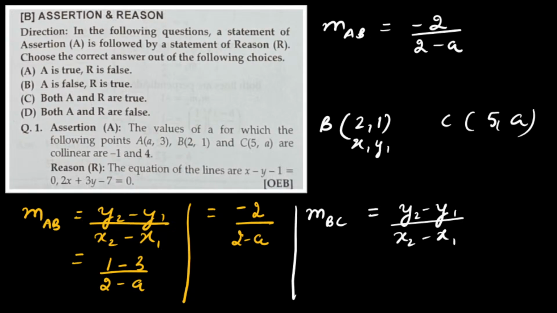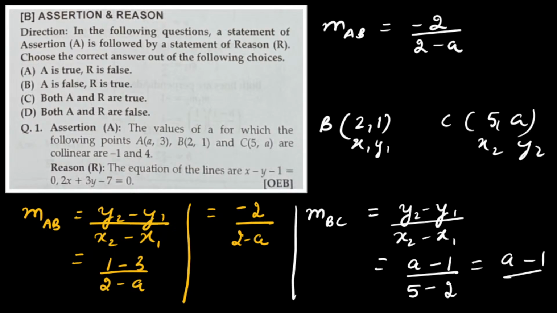B is x1, y1 and C is x2, y2. So y2 is a minus y1 which is 1, so (a - 1)/(5 - 2), which is (a - 1)/3. So we have found the slope of BC as well.